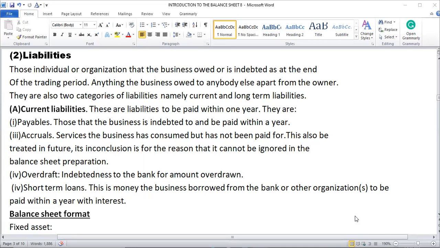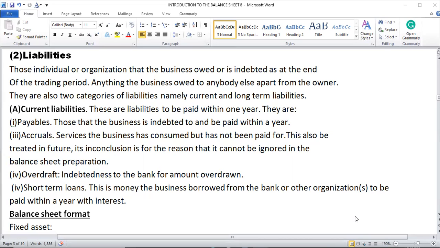The current liabilities are those that are going to be paid within 1 year, and the non-current liabilities are those that are going to be paid after 1 year. An example of a current liability is accruals, and an example of a non-current liability is a mortgage. And the capital is the owner's contribution towards the running of the business. That's the money that the owner will provide to run the business.